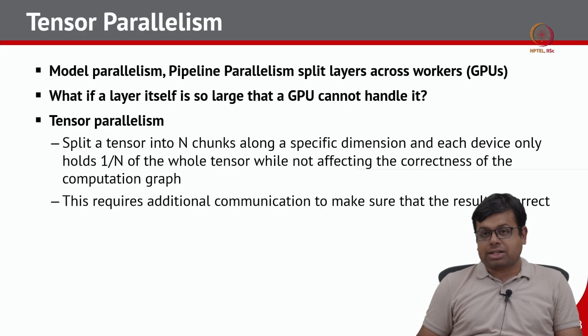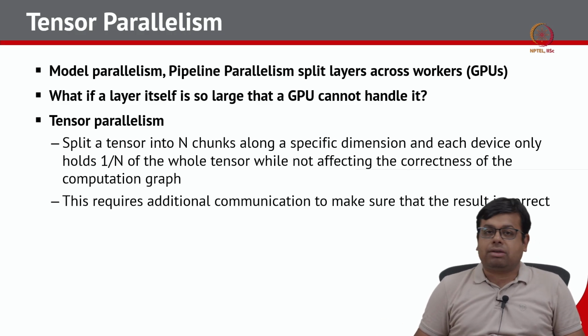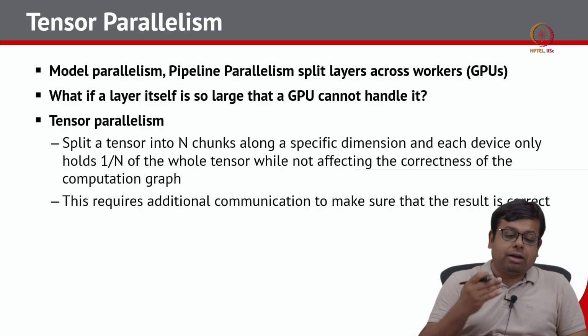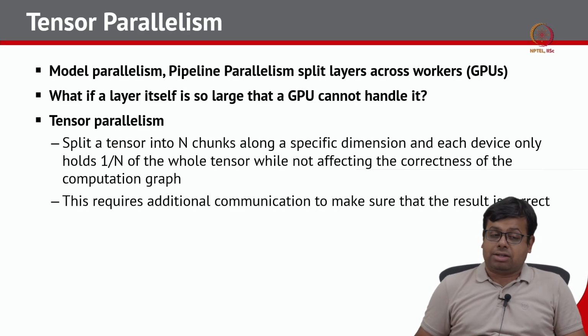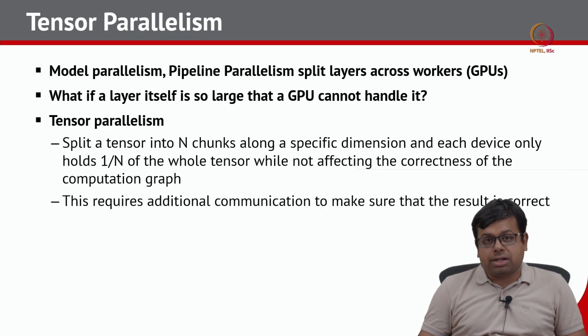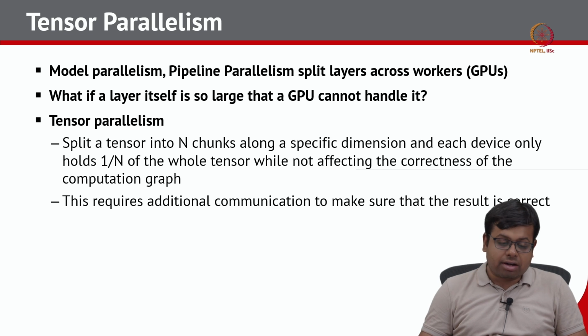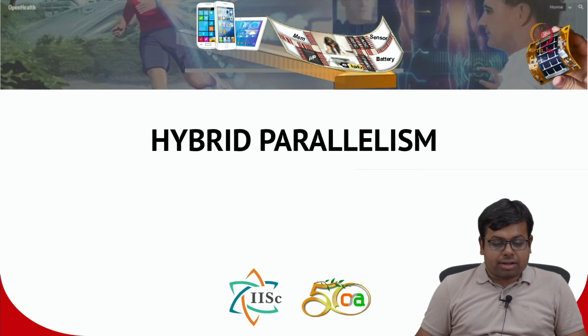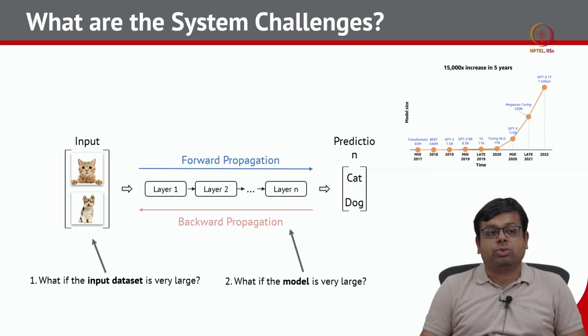Now we discussed multiple types of parallelism: data parallelism, model parallelism, pipeline parallelism, and tensor parallelism. We also discussed that each parallelism technique has its own advantages as well as disadvantages. That is why there exists hybrid parallelism, which tries to leverage the advantages of all the parallelism techniques.